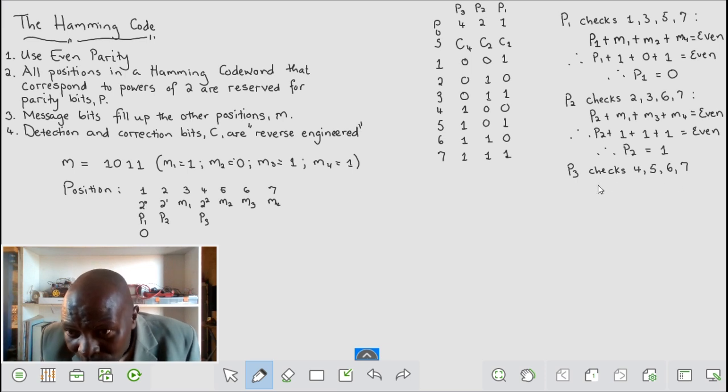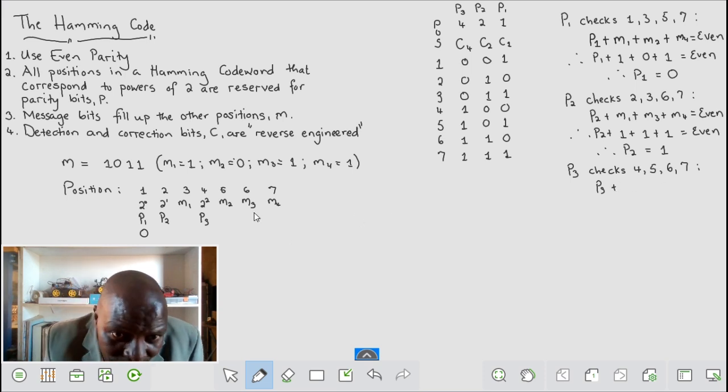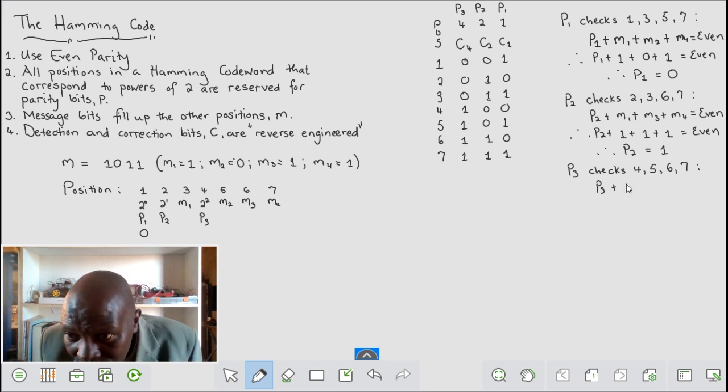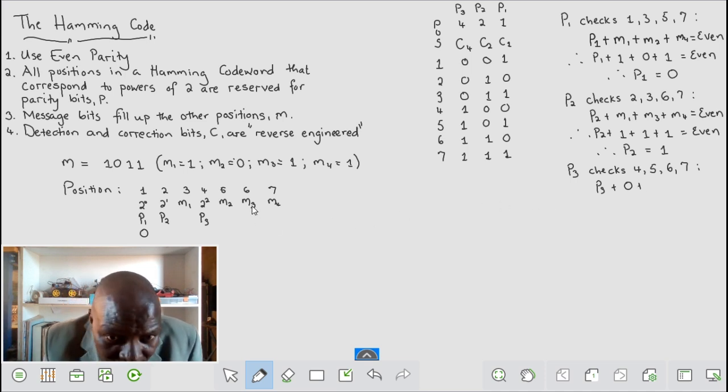Now, if we look, this would mean that we would have to have an even sum. 4 is the third parity bit itself. So P3 plus position 5, which is M2. M2 is a 0. And then plus position 6. Position 6 is M3.